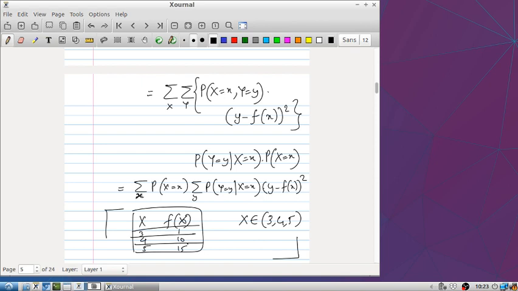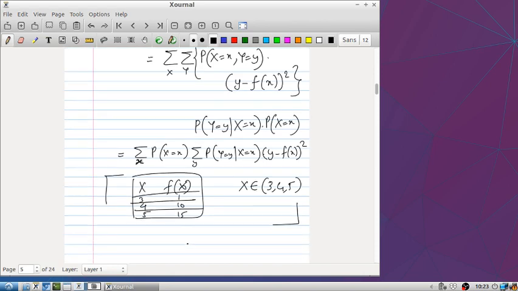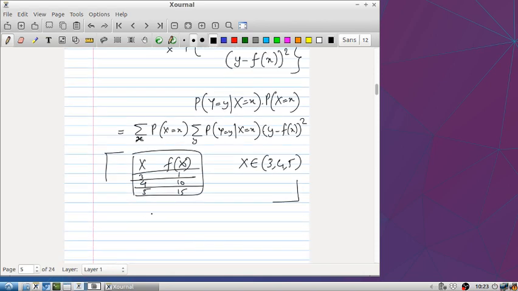Since I don't want to restrict f while minimizing this EPE score, I want to find an f which minimizes it.